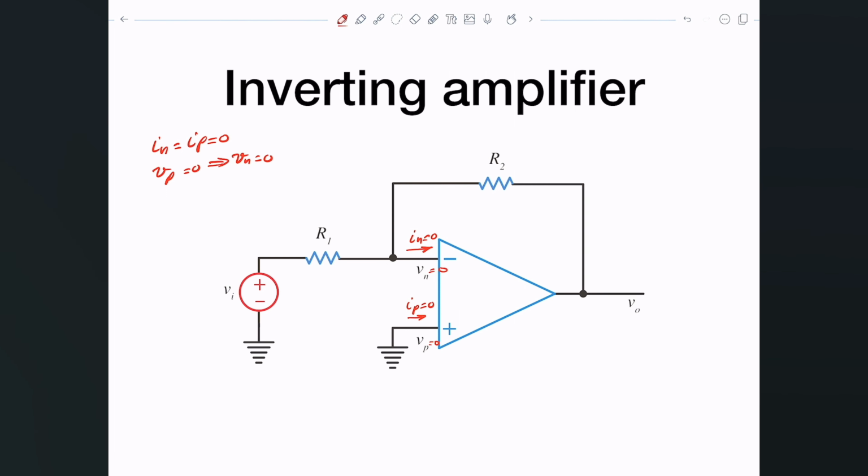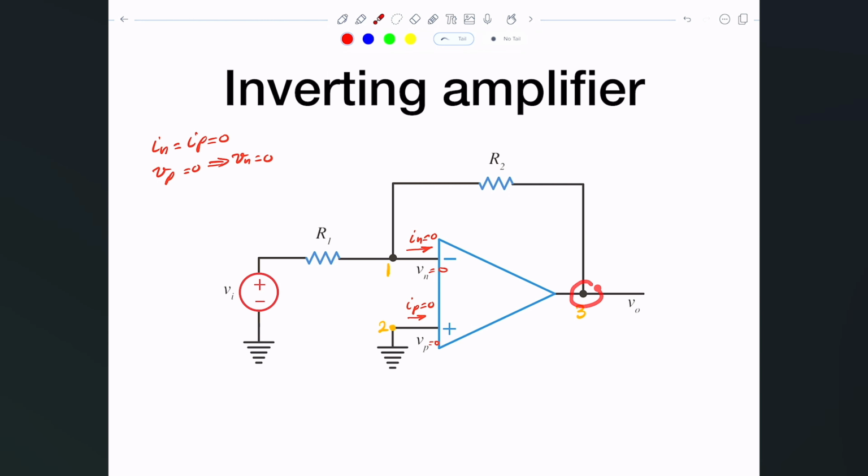And now what I will do next is I'll say, well, here's node 1, here's another node 2, and here's another node 3. And what I need to do is apply nodal analysis. And there's multiple places where you can apply nodal analysis. For this particular configuration, it would not make any sense to apply it at 2, because I know that the current going this way is 0, and actually I know what the voltage at 2 is.